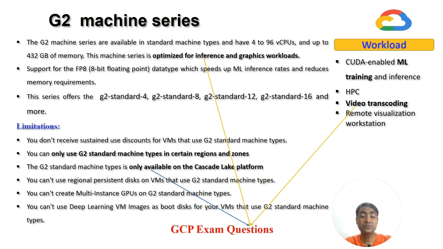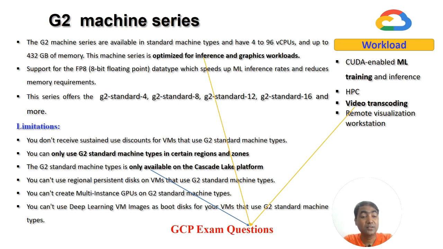You cannot use regional persistent disk on VMs that use G2 standard machine types. You cannot create multi-instance GPU on G2 standard machine types. And you cannot use deep learning VM images as boot disks for your VMs that use G2 standard machine types.